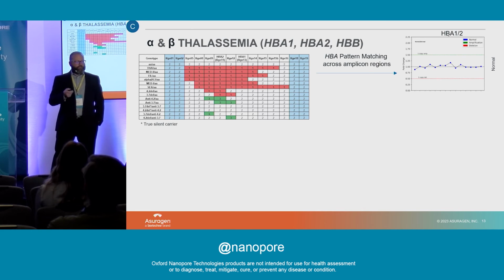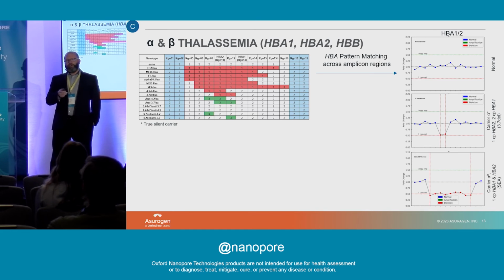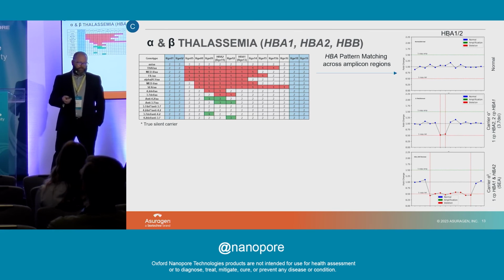We do pattern matching across each of those different regions. This is a wild type sample. A sample with a dropout in the HBA2 region would look like that, and then a sample with a dropout across both HBA1 and HBA2 in this region looks like that at the bottom. And we do pattern matching of each of those to identify them.